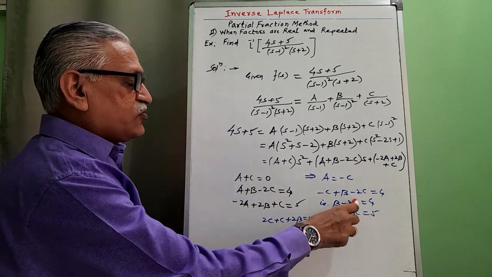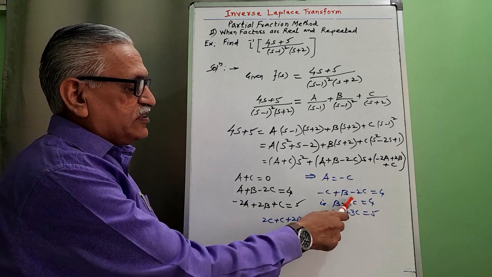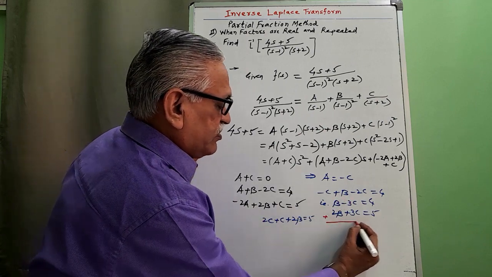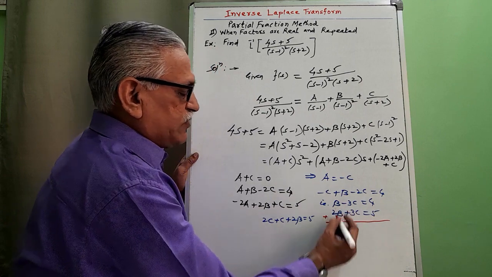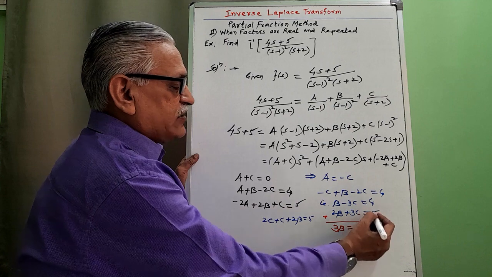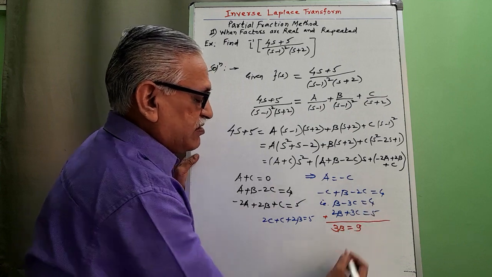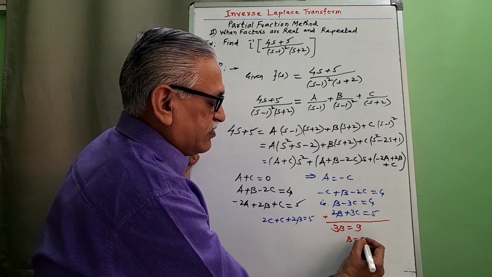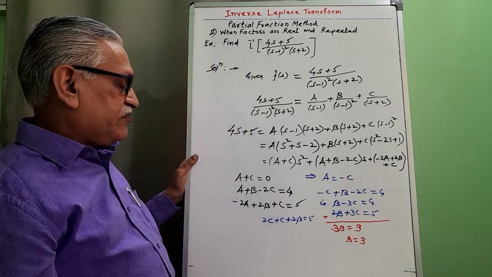Then adding these two equations, plus 3c minus 3c get cancelled, therefore by adding these two equations, 2b plus b, we get 3b, as 5 plus 4, 9, and therefore b is equal to 9 by 3, we get that value as 3.